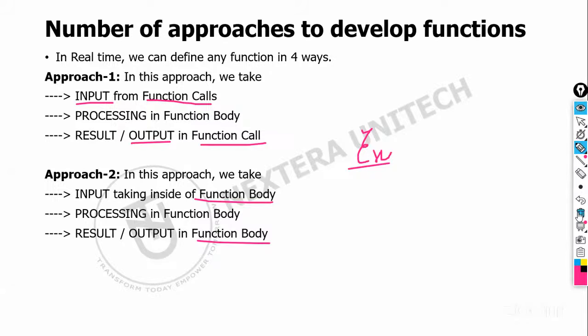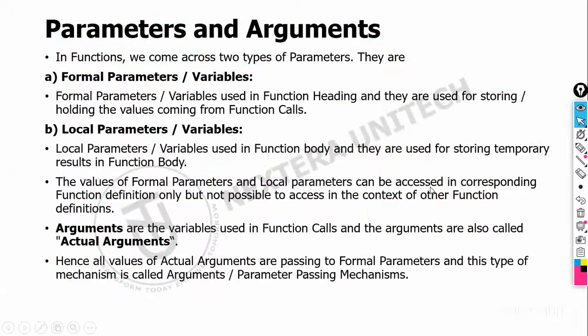Today, we are going to start a new topic: parameters and arguments. In a function, within the parentheses, the regular braces, we are passing a few values. We name them parameters, and sometimes we also call them arguments.